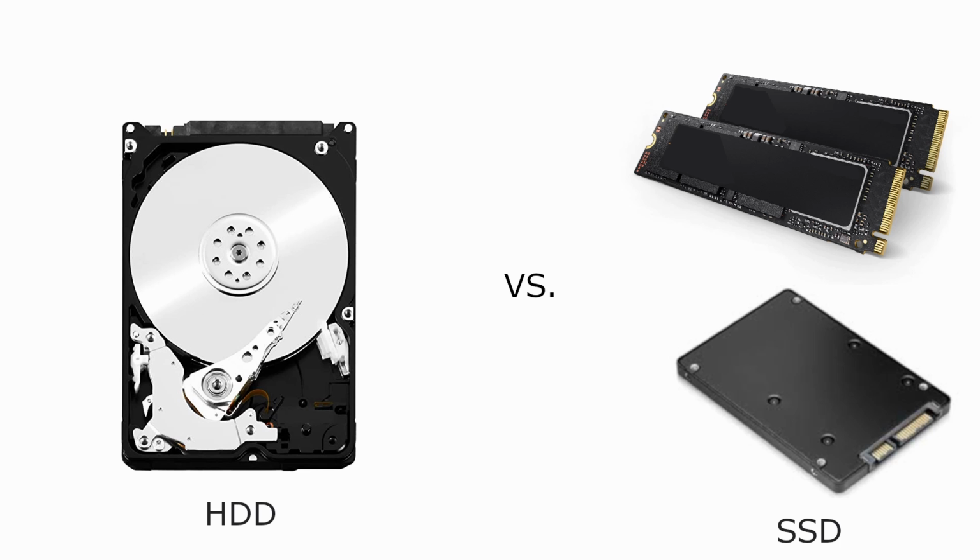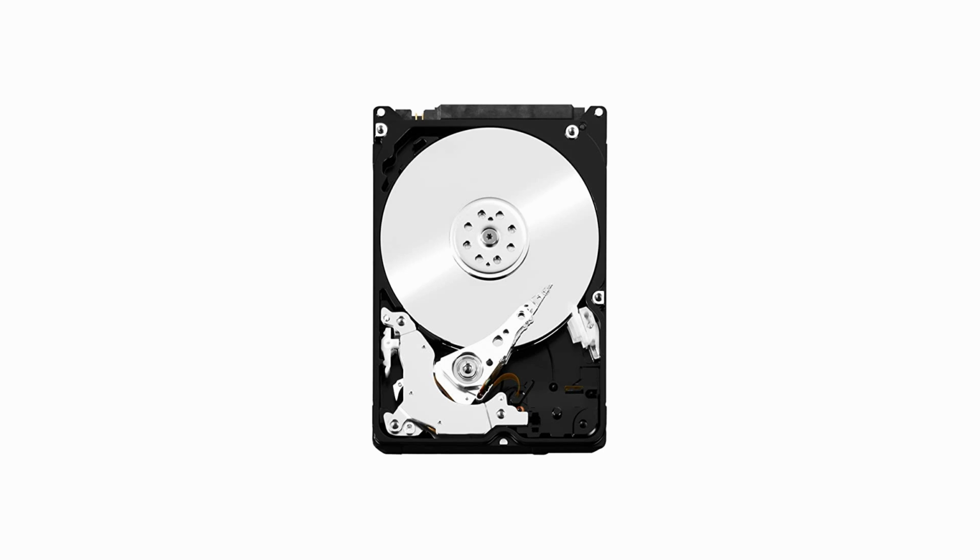I guess the first thing to talk about, before we really get into the details of SSDs and hard drives and their advantages and disadvantages, is some of the form factors that are out there. Mechanical hard drives have been around for a long time, and there are some very small drives out there.